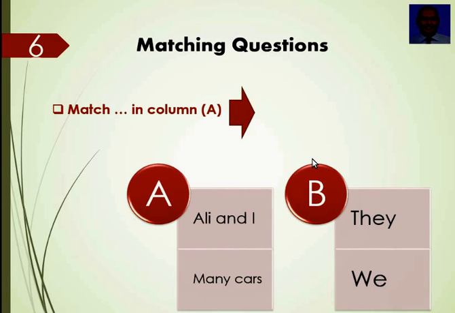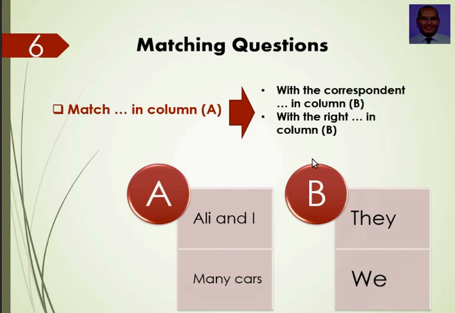We usually have words in a stem like: match subjects or pronouns in column A with the correspondent in column B, or with the right word in column B. And I guess now you know the meaning of the word correspondent.